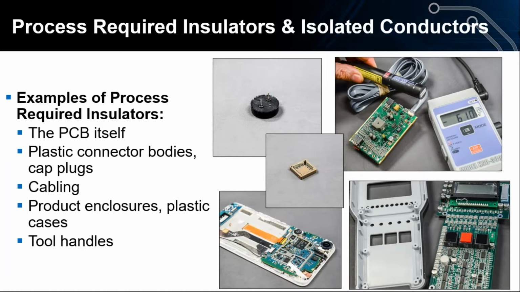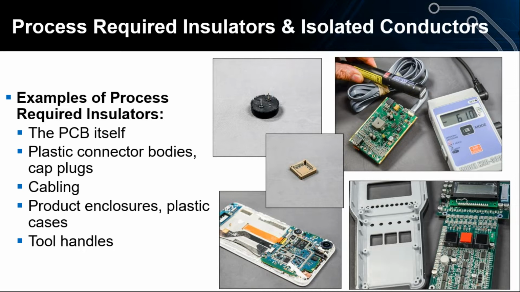So process essential required insulators are insulators that are going to come in close proximity to your static sensitive devices. The distance rules for insulators near devices: if the insulator has 125 volts to 1,999 volts, then that insulator needs to be at least an inch away from the device.